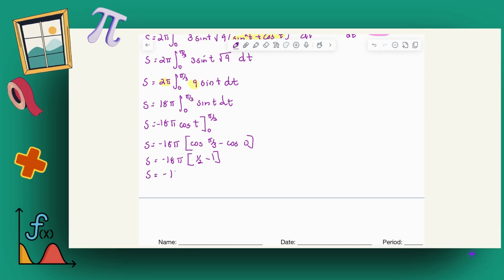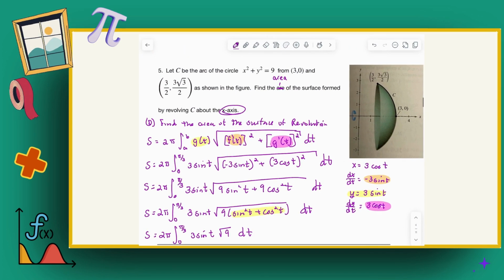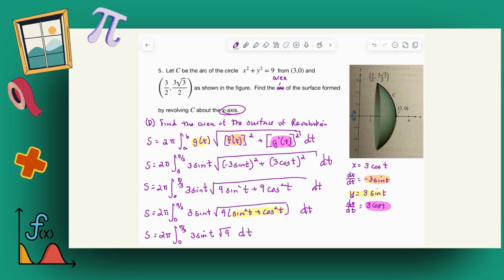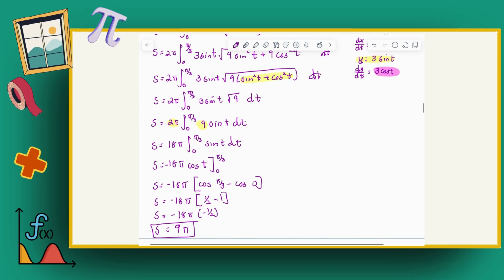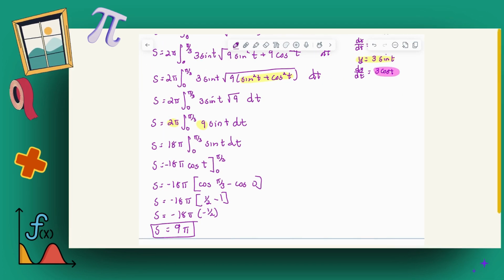And so I end up with a final answer of 9 pi. So that tells us the area of the surface formed by revolving our arc of C around the x-axis is simply 9 pi.